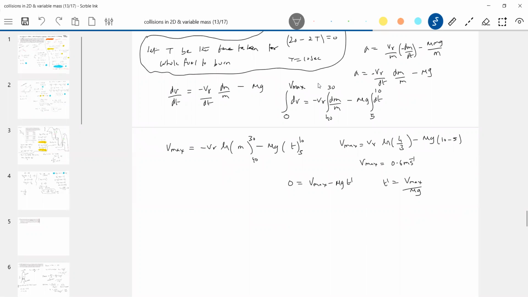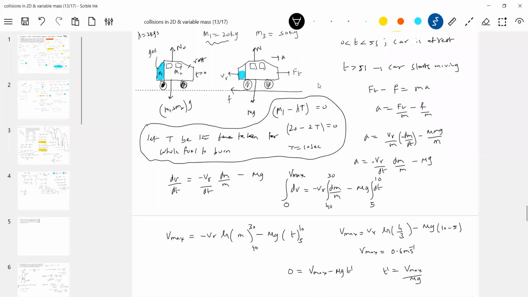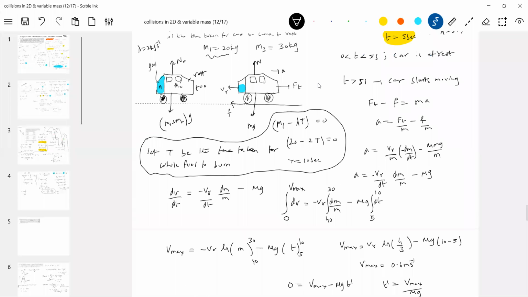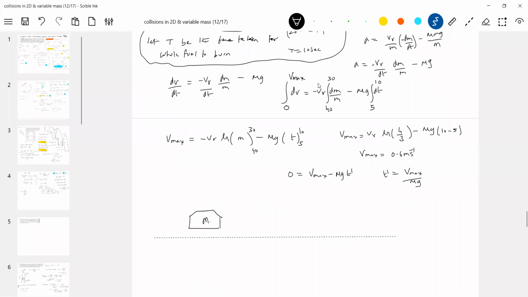I think I'll give one small diagram. It'll be easy for you. It has acquired a velocity. The mass of the car is M2. It has acquired maximum velocity and empty fuel. There's no fuel.